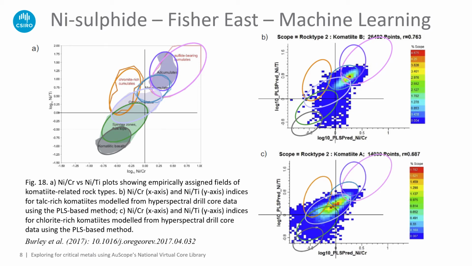Instead of having only a few data points, we ended up with tens of thousands of data points where we could predict the nickel-titanium and nickel-chromium ratios, and can therefore classify the different ultramafic rocks down the drill core.